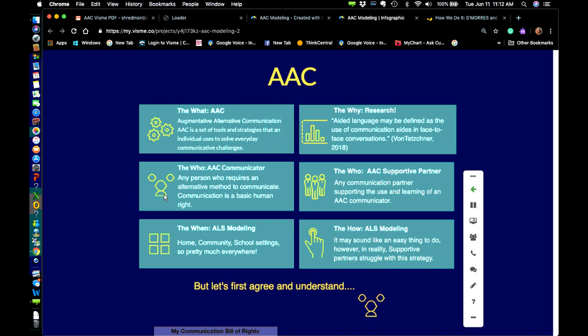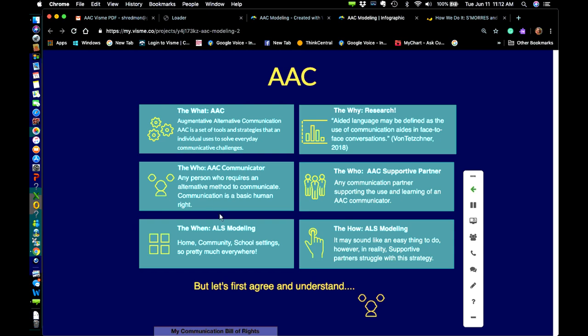That's where we see these barriers. The AAC communicator wants to communicate using their AAC. They may not know how to, and so this is how we teach them. Aided language stimulation is, I feel, and I would speak for Kelly, she feels that as well, a very integral part of learning this AAC language.